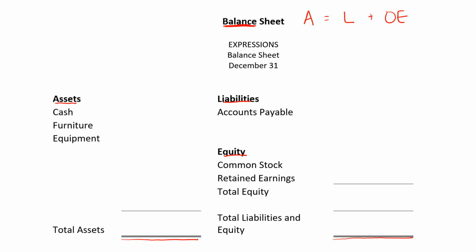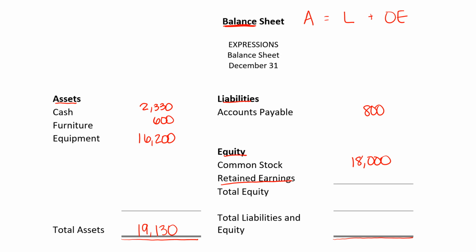So all we have to do here is plug in these account balances from our trial balance. So cash had an ending balance of $2,330. Furniture was $600. Equipment was $16,200. Add those all up. That gives us total assets of $19,130. Then for our liabilities, the only liability was accounts payable. Its balance was $800. For equity, we had common stock of $18,000.